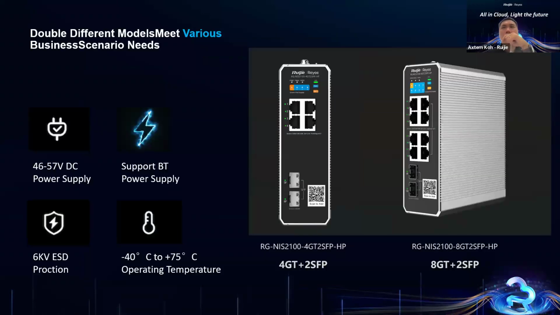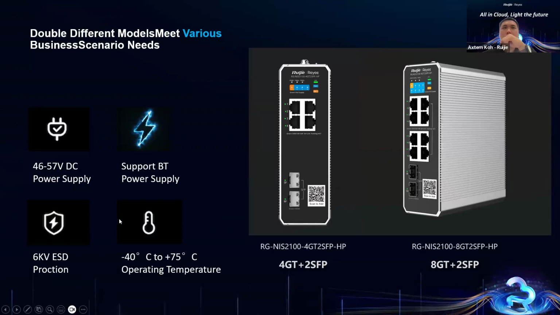The power input range is slightly different from our current NIS 3000 series. The power input ranges from 46 volts up to 57 volts DC supply. They also support surge protection up to 6 kV for ESD.